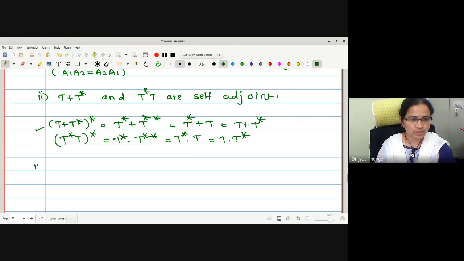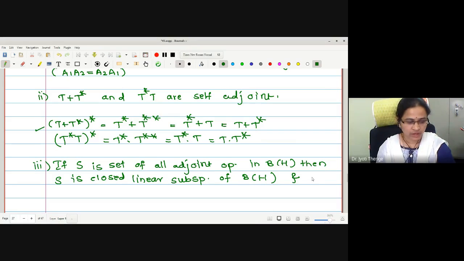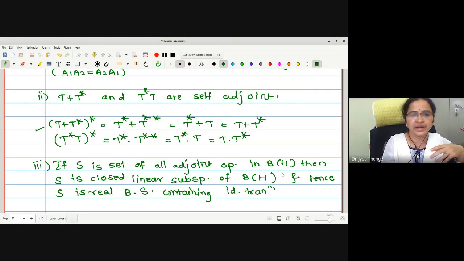Property number 3: if S is the set of all self-adjoint operators in B of H, then S is a closed linear subspace of B of H, and hence S is a real Banach space containing the identity transformation.